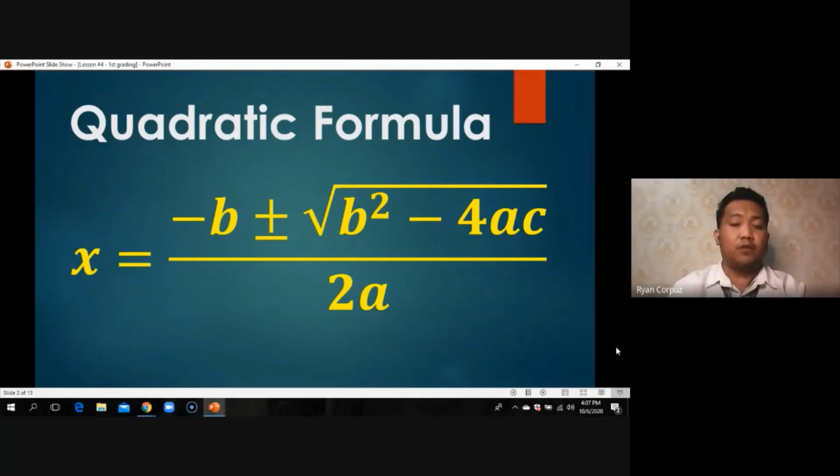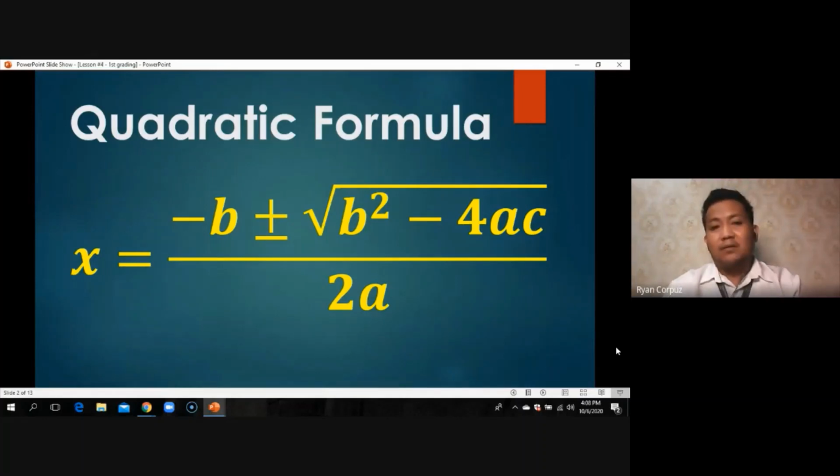Or if you are having difficulty in solving a quadratic equation by completing the square, you can also make use of the quadratic formula, because the quadratic formula is very versatile. That formula, masosolve niya yung given quadratic equation mo. So that's how effective the quadratic formula is in solving a given quadratic equation.